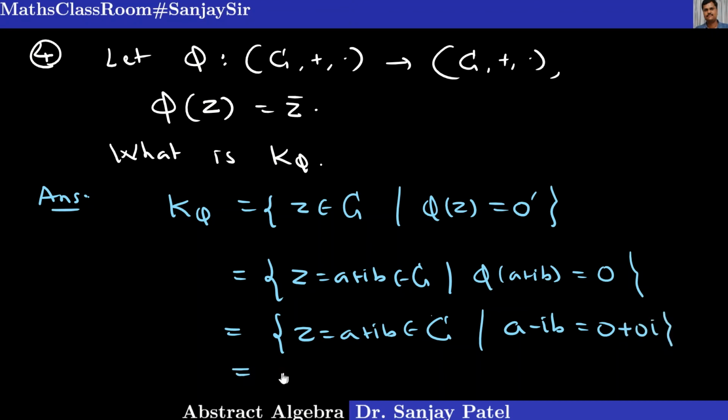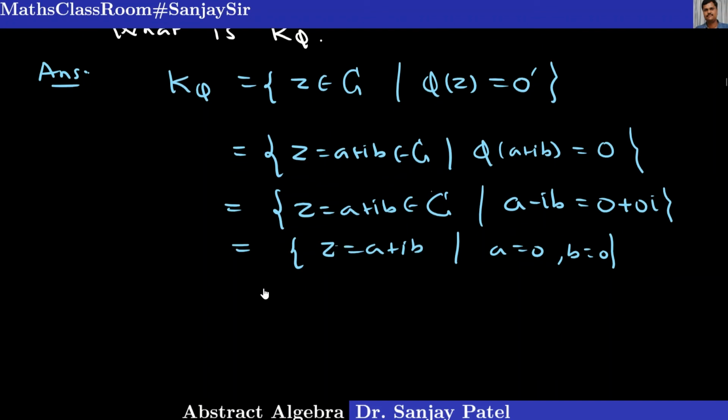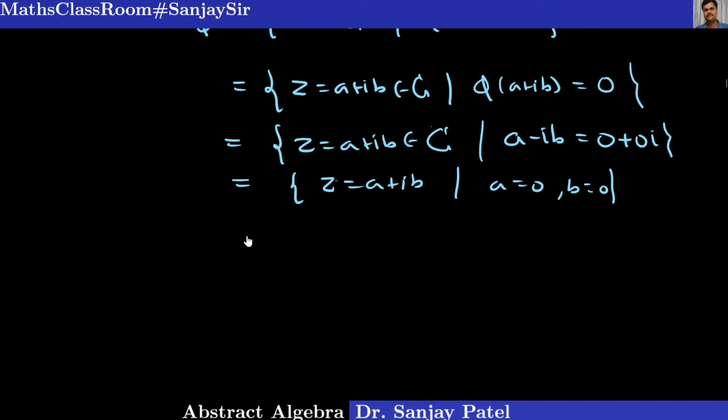So comparing the two numbers, we get a equal to 0 and b equal to 0, and that means this contains only one element, which is the 0 complex number. So the kernel of this homomorphism is singleton 0.